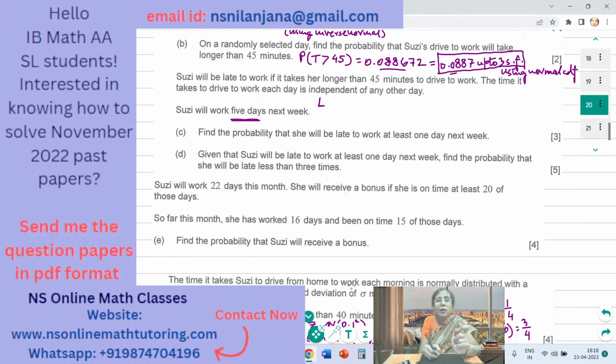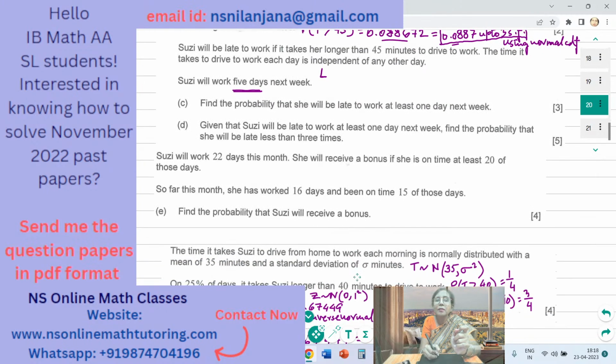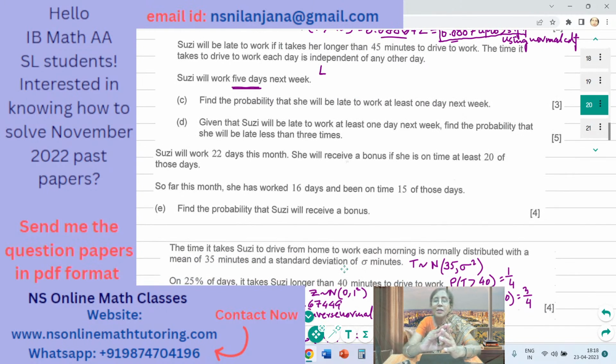And she will be going to the office 5 days next week. If she is taking more than 45 minutes, she will be late. We know the probability for being late. So it is a case of a binomial distribution.